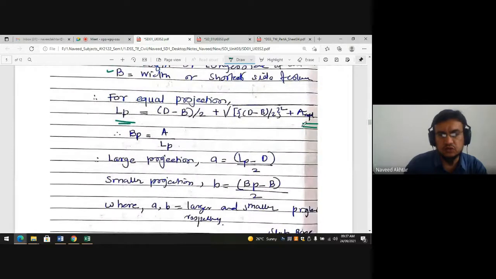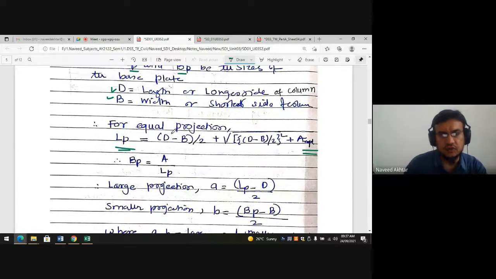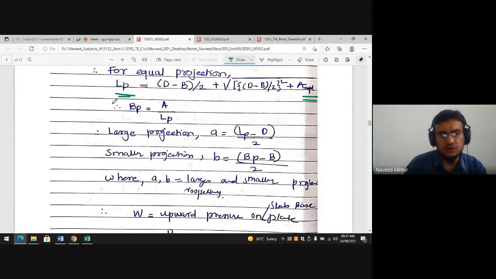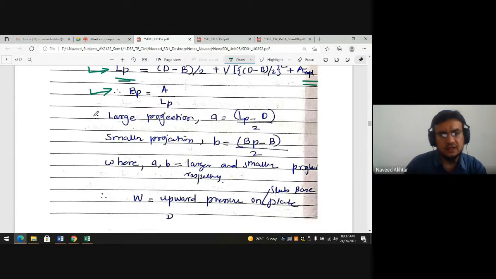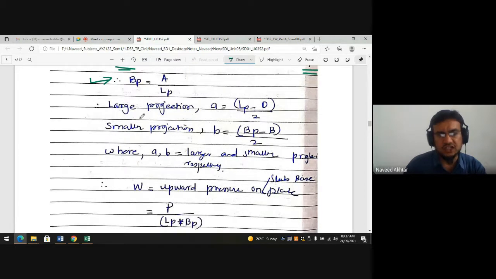Putting it into the equation, with D the length of the column and B the width of the column, you can find the length of plate required. Then dividing area by the length of plate, you get the breadth of plate required. Then you can find the larger projection, Lp minus D by 2, and the smaller projection, Bp minus B by 2.